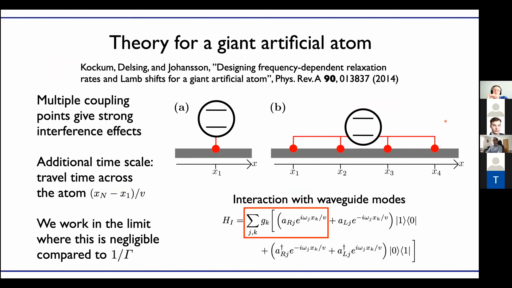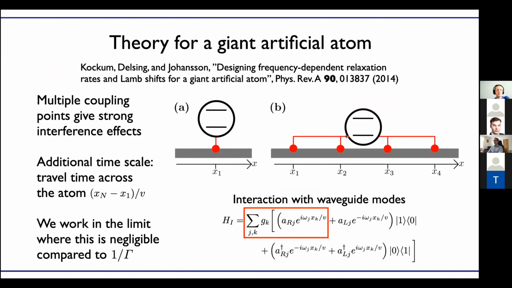Okay, so if we just look at the single giant atom, so the first study we did. We know a single small atom couples at a single point to this transmission line.